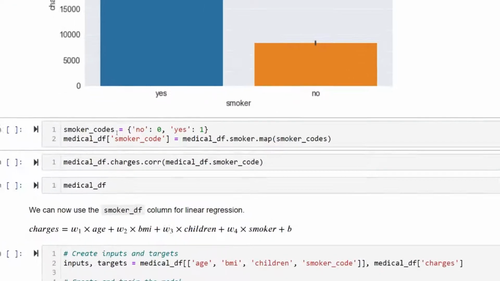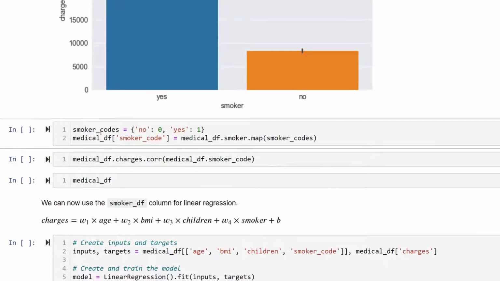So I'm going to create a dictionary, smoker code. In the dictionary, I'm labeling no as 0 and yes as 1. Then I'm going to create a new column, smoker code, from the medical DF, the actual data's smoker column, which we are going to convert into zeros and ones.